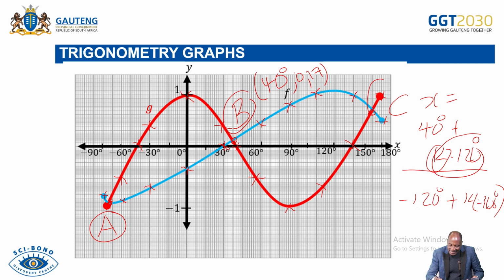So they meet again here at C, which is 160 degrees, and I substitute 160: cos of 2 times 160 degrees gives the corresponding value of y, which is 0.77. They meet here at 0.77, correct to 2 decimal places. So I found 2 points where they meet. How am I getting these intersections? I'm using the general solution. When I use k equals negative 1, it means I'm going backwards on the same general solution.